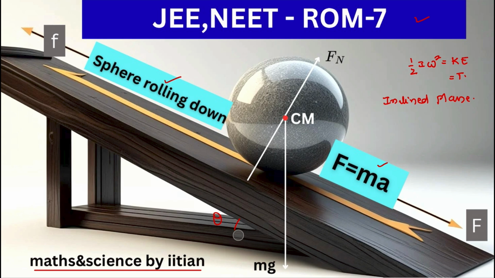It is better if we mark it like this. This is the angle theta. The inclined plane is making an angle theta with the horizontal. This is the metallic sphere rolling down the inclined plane.